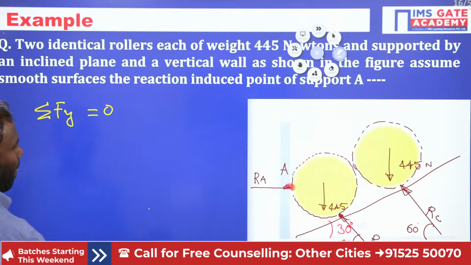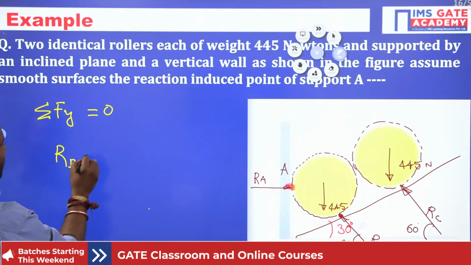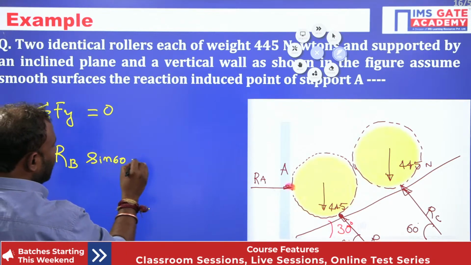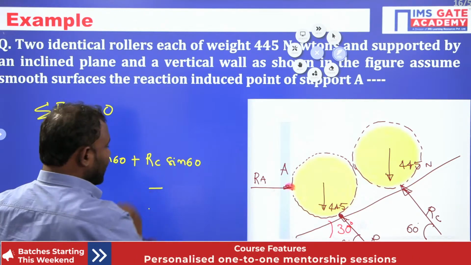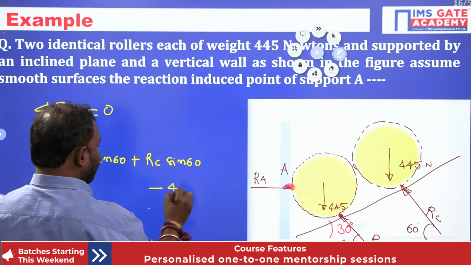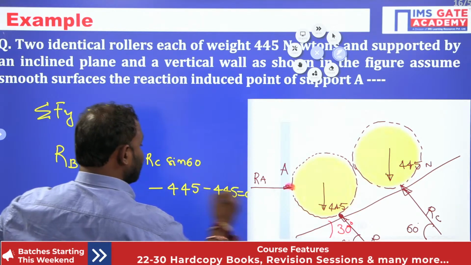Now here RB plus RC sin 60 minus downward forces. Downward forces are 445 plus 445, equal to 0. Right.